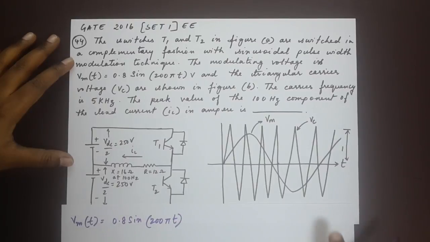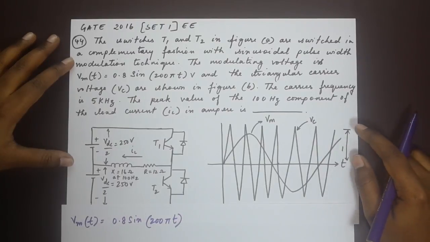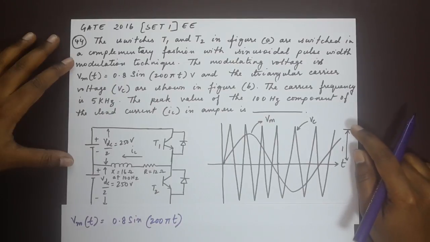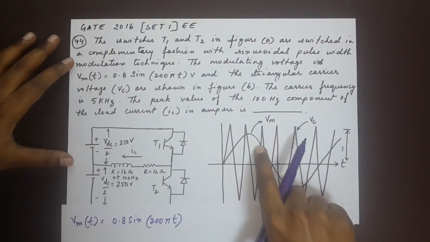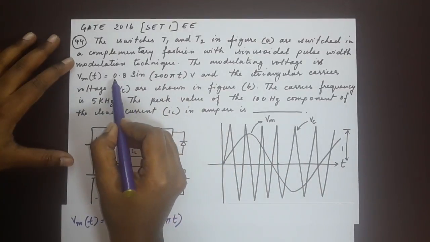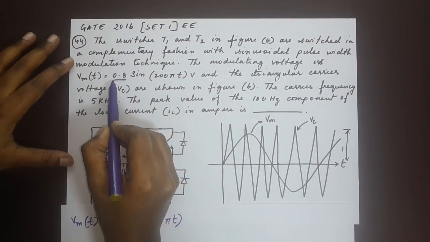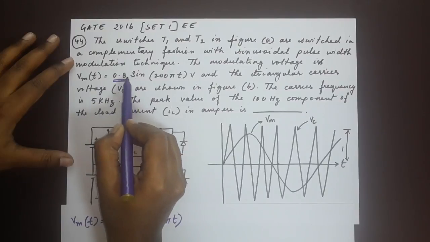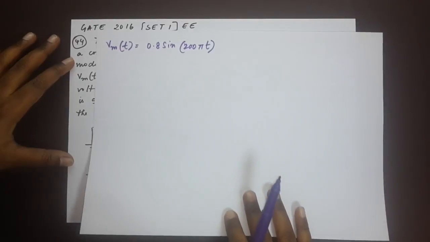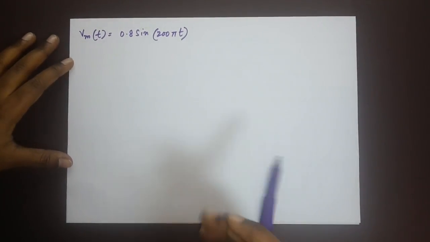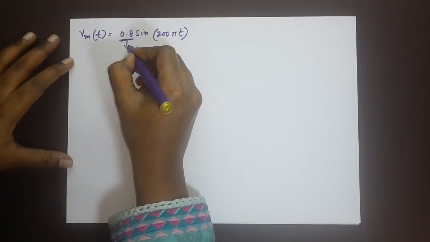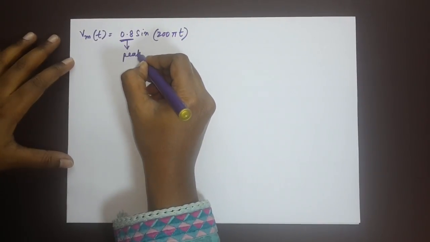So we have both, and the magnitude of the triangular wave is given to us as 1, and the magnitude of the modulating signal is given to us as 0.8. So the value right in front of the trigonometric function is the magnitude of the voltage, 0.8, or the peak voltage as such.